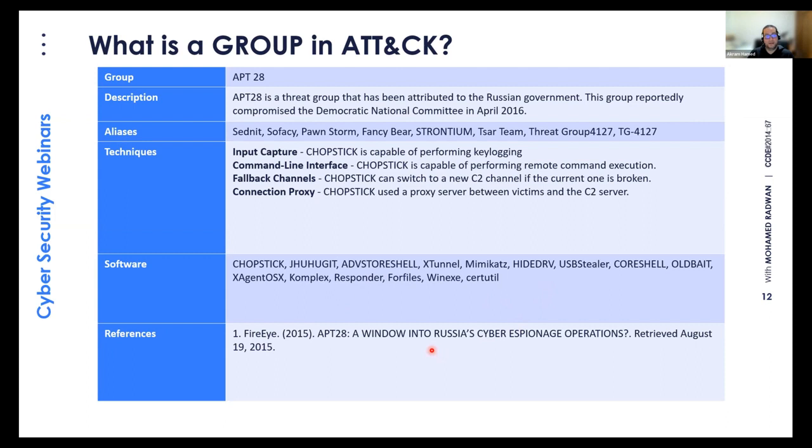to do the attack. And then again, the references show exactly who first knew about APT 28. In this case, it was FireEye, and so on. And remember, MITRE ATT&CK is like Wikipedia in the sense that anyone can submit a new technique, or a new software being used in a technique, and so on.